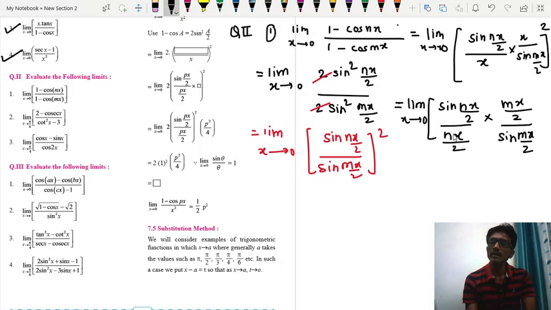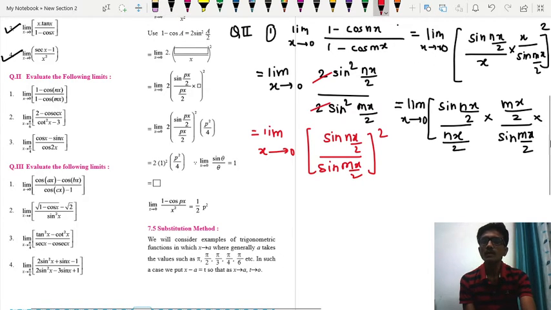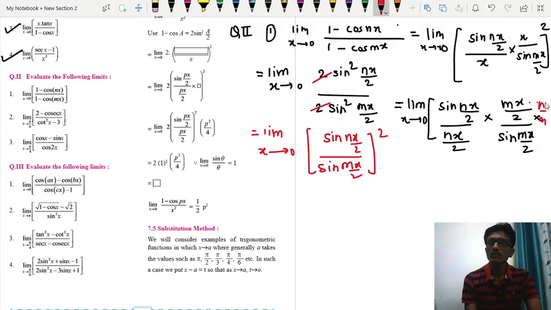This 2 is already getting cancelled, here m, here n, so we multiply by n and m, whole square.